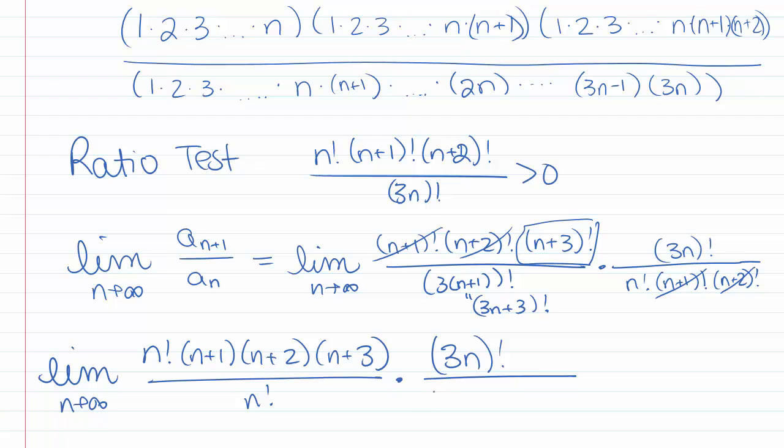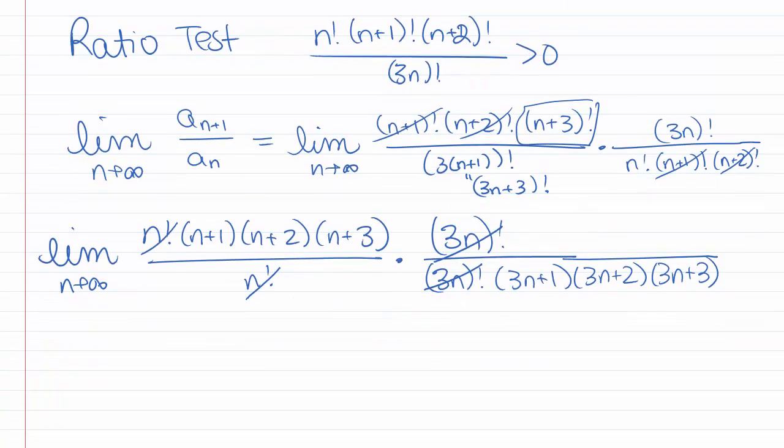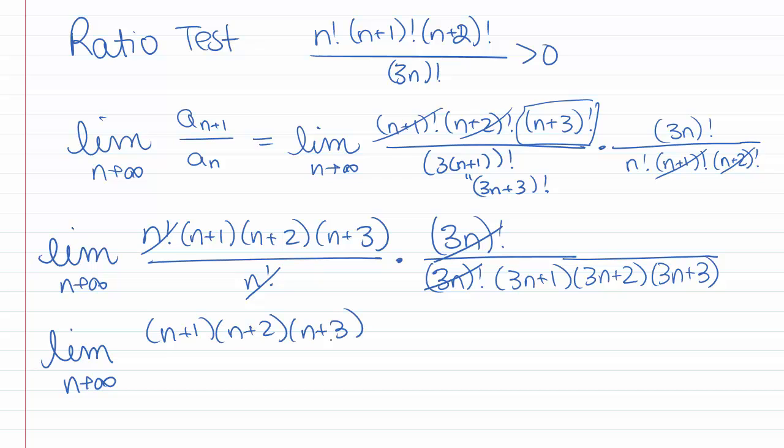So if we start at 3n factorial, we also have 3n plus 1, 3n plus 2, and 3n plus 3. Now simplifying again, we can cancel the n factorials and the 3n factorials. And we are looking at the limit as n goes to infinity of n plus 1 times n plus 2 times n plus 3 all over 3n plus 1, 3n plus 2, 3n plus 3.